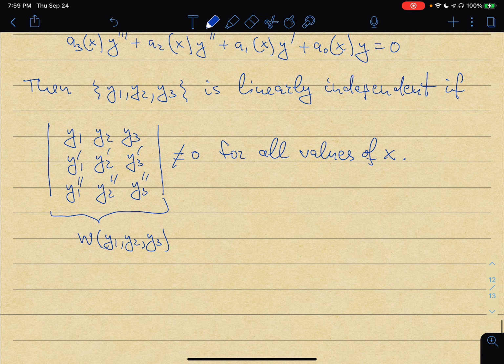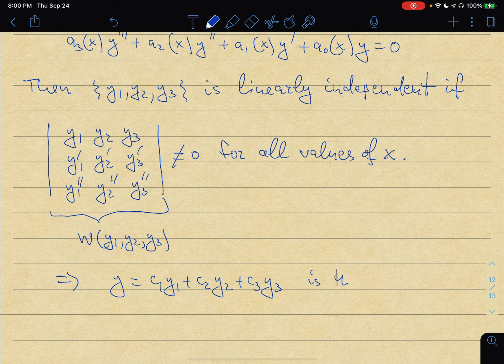So then y equal to c1 y1 plus c2 y2 plus c3 y3 is a general solution of the ODE.